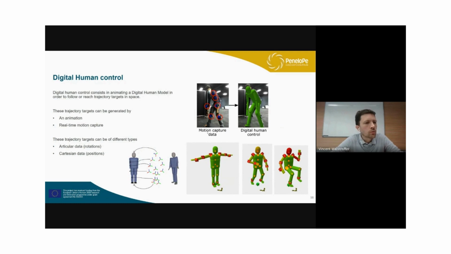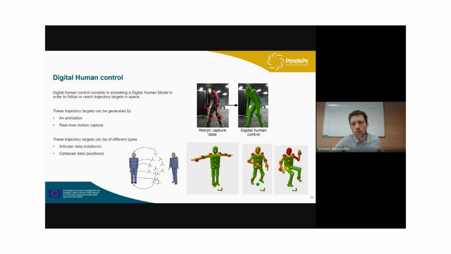So digital human control actually consists in animating a digital human model in order to follow or reach trajectory targets in space. These trajectory targets can be provided by animation, or they can also be provided by real-time motion capture. And these trajectory targets can be of different types.